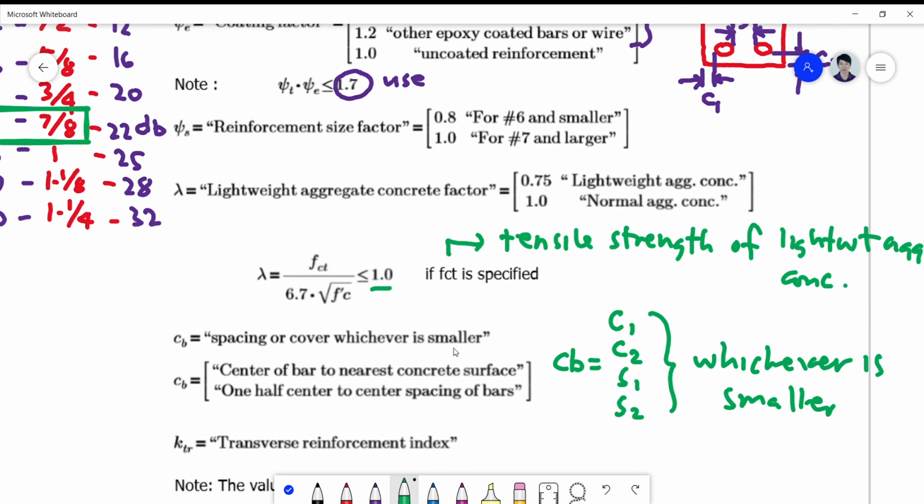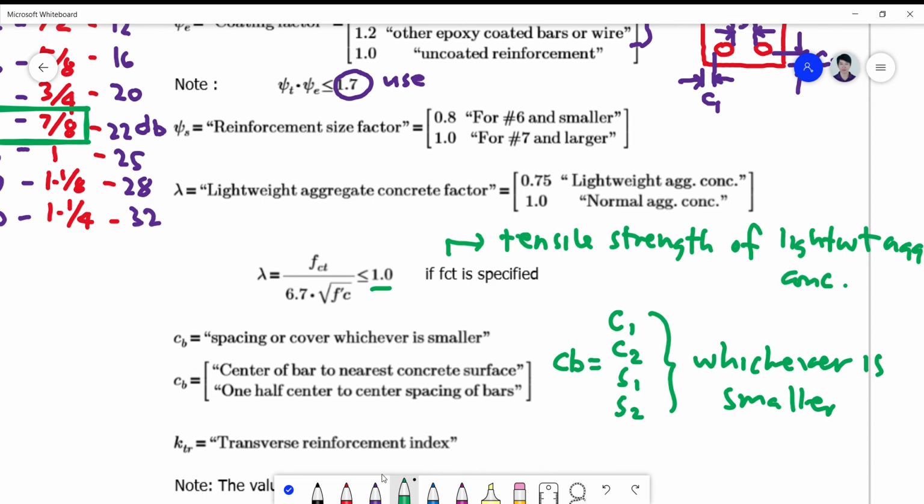But take note here that the Cb is actually a center to center, the center of the bar to the nearest concrete surface, and Cb is 1/2 center to center spacing of the bar. Okay, the spacing or cover, whichever is smaller.